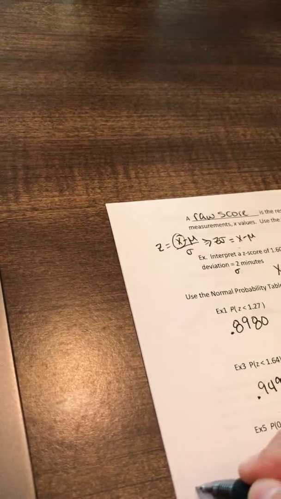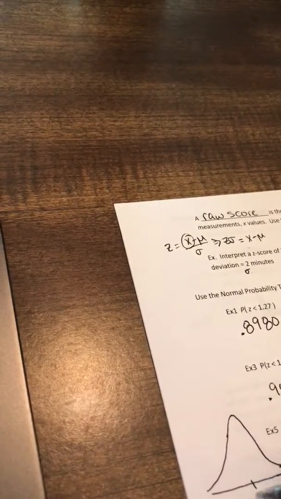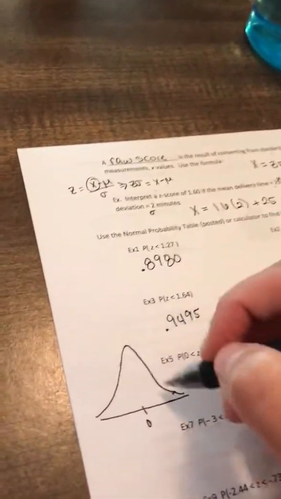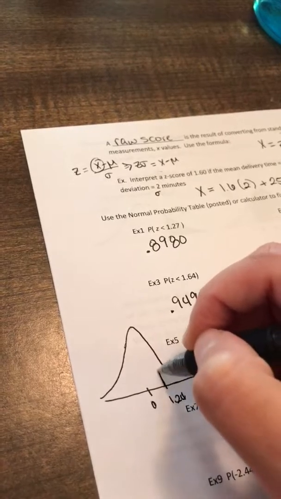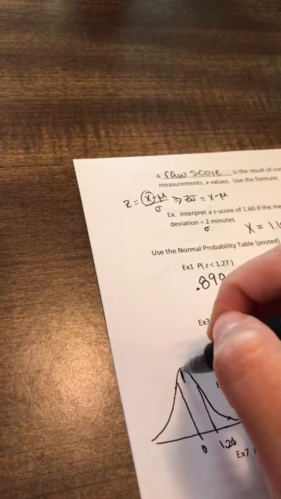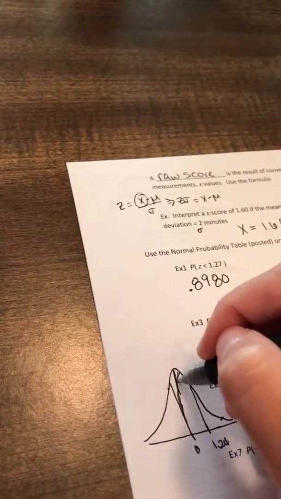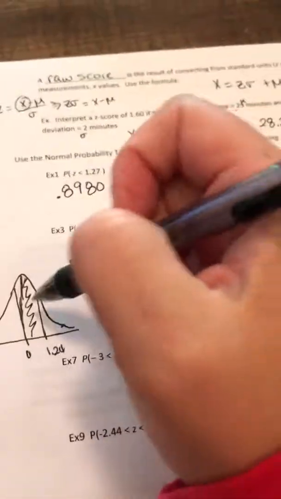To do it on the chart, I'll just sketch this one real quick. So we want between 0, which is in the middle or mean, and 1.24, which is here, we'll say. Oh, that's supposed to be in the middle. Really not very good at drawing these, but good enough. So we want what's in here.